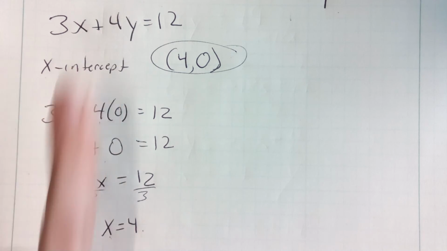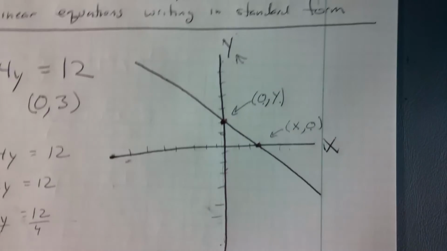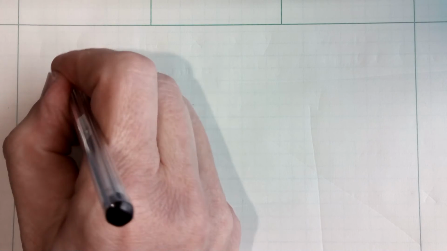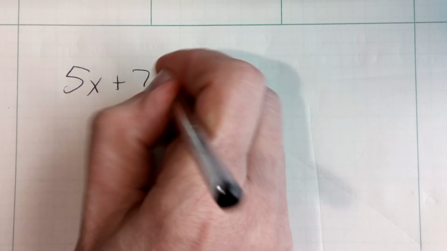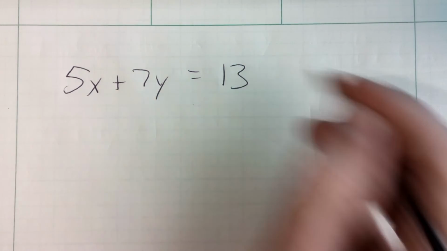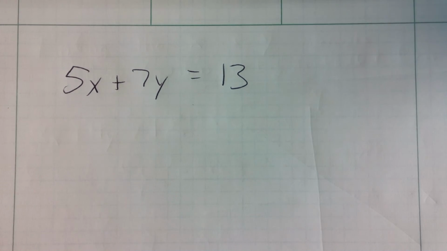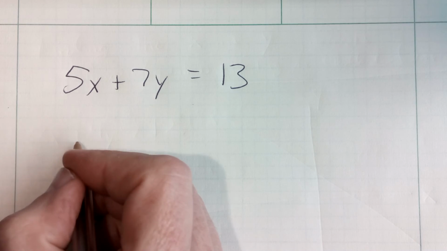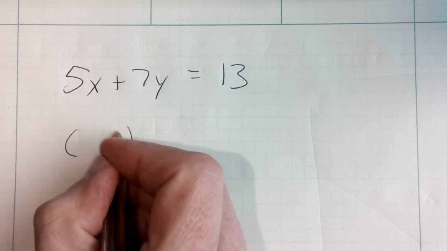Now, in solving these standard equations, a lot of times our solutions won't be nice solutions. They can be fractions, but that is perfectly fine. So if you're given something like 5x plus 7y equals 13, and I want to know the x-intercept, well, the x-intercept has a y value of 0.